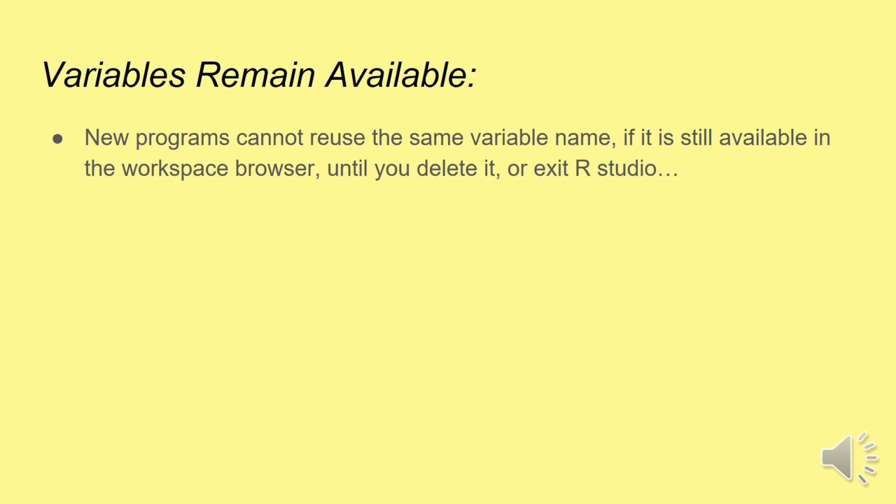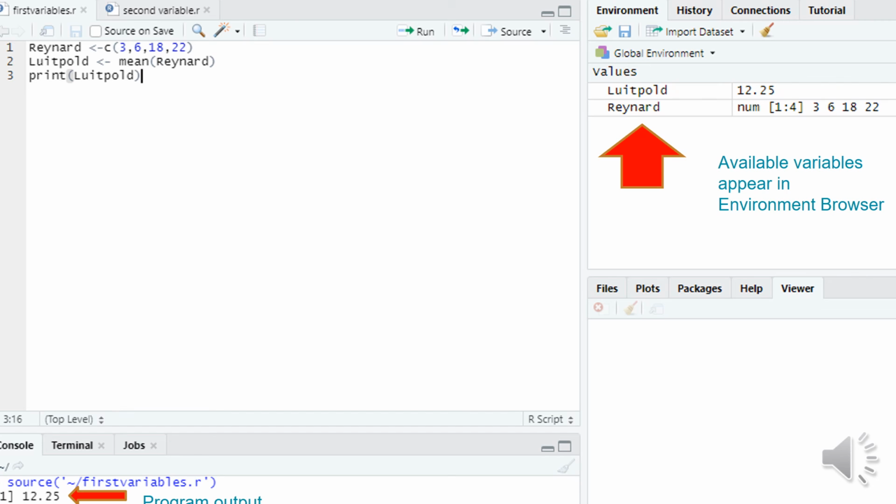So you have to keep track of the names of variables that you have assigned, but it allows you to use variables from a remote program in your other programs. And of course, a list of your variables will remain available in the environment browser. Here you can see what I mean. That's a list of the variables we've created and a little description of them as well.